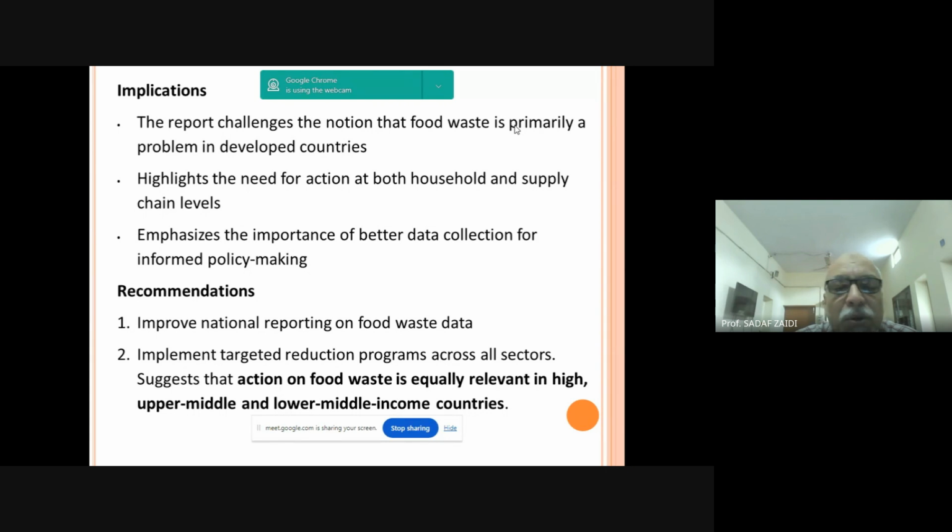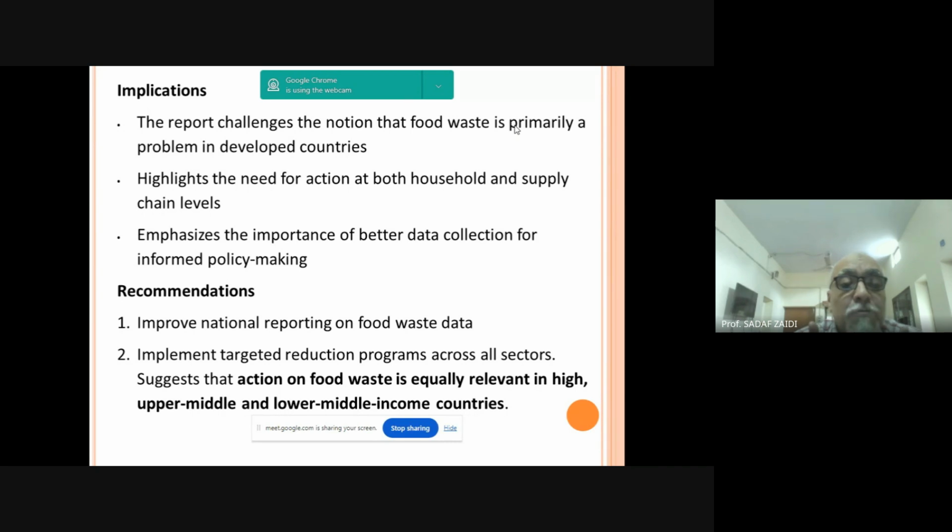As we'll see later on, it is a problem of all countries, and in every country you've got various strata of people according to the incomes, according to the level of education and all, according to the affluence that they have. तो उसके हिसाब से हर कंट्री में ये प्रॉब्लम है.